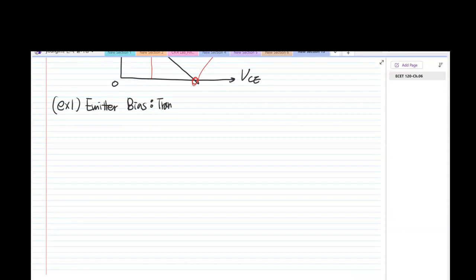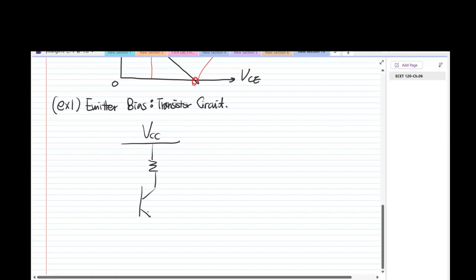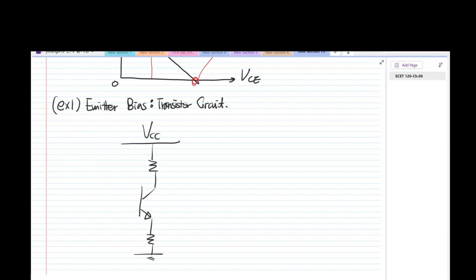The transistor circuit. Okay. V sub CC. All right.